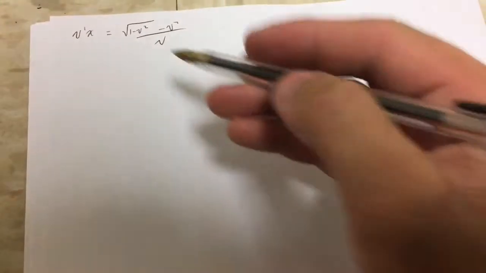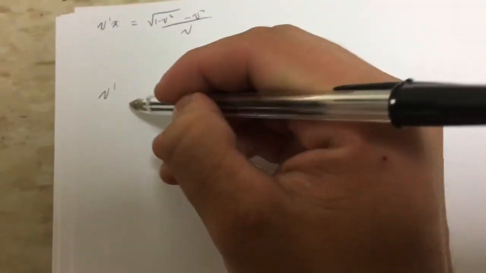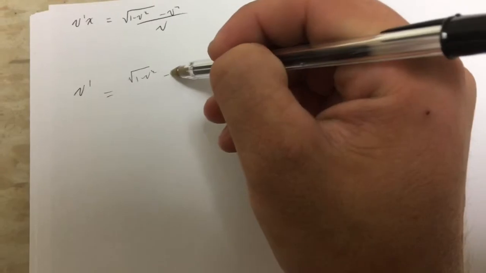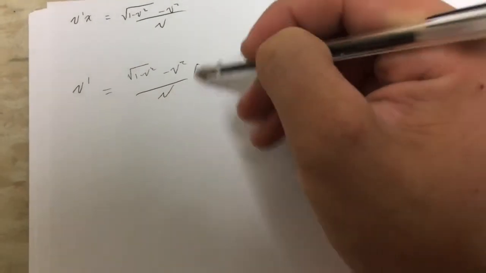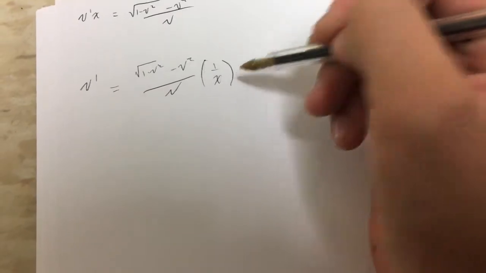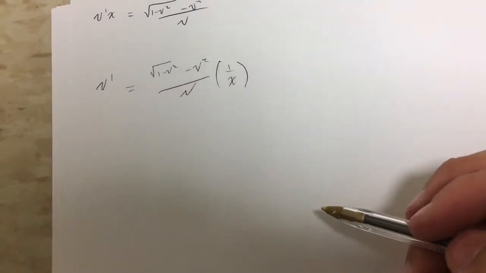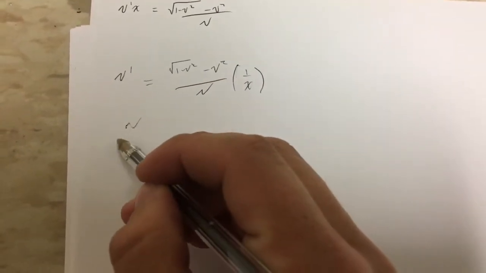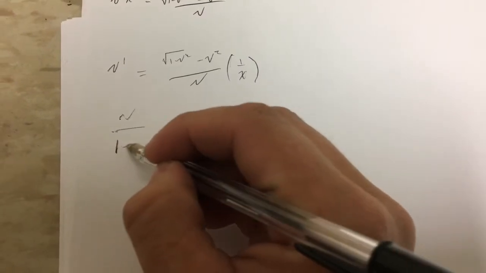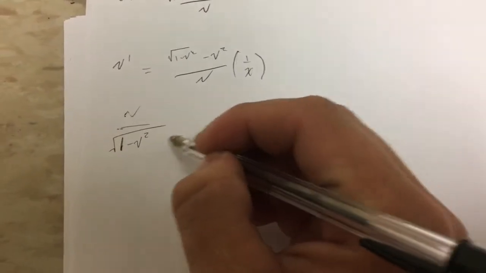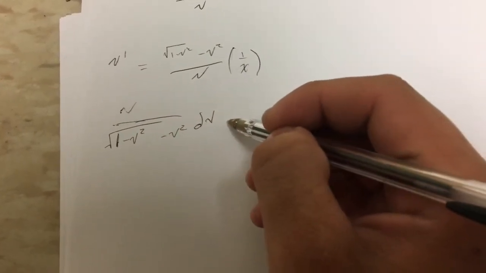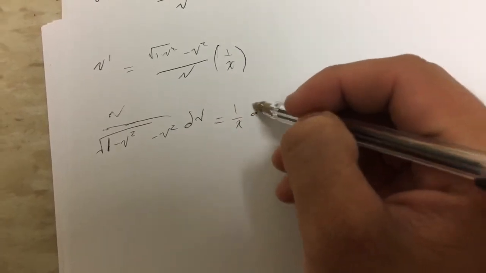So from here, to get v prime on one side, we divide both sides by x, and we end up with v prime equals 1 minus v squared over v times 1 over x. And you end up with v over the square root of 1 minus v squared dv equals 1 over x dx.